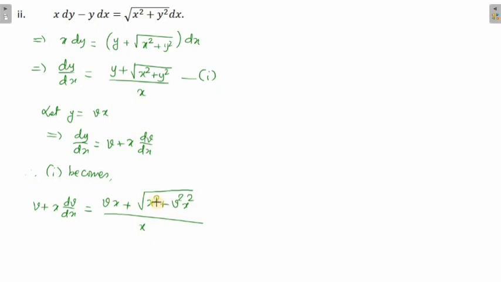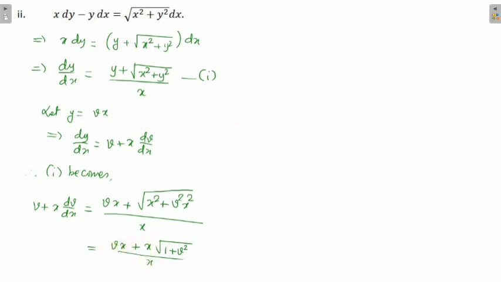What is common here? It is x square, and due to the square root that x square becomes x. So we can write this as vx plus x square root of 1 plus v square divided by x. Now x is common, take x common, and x and x get cancelled.